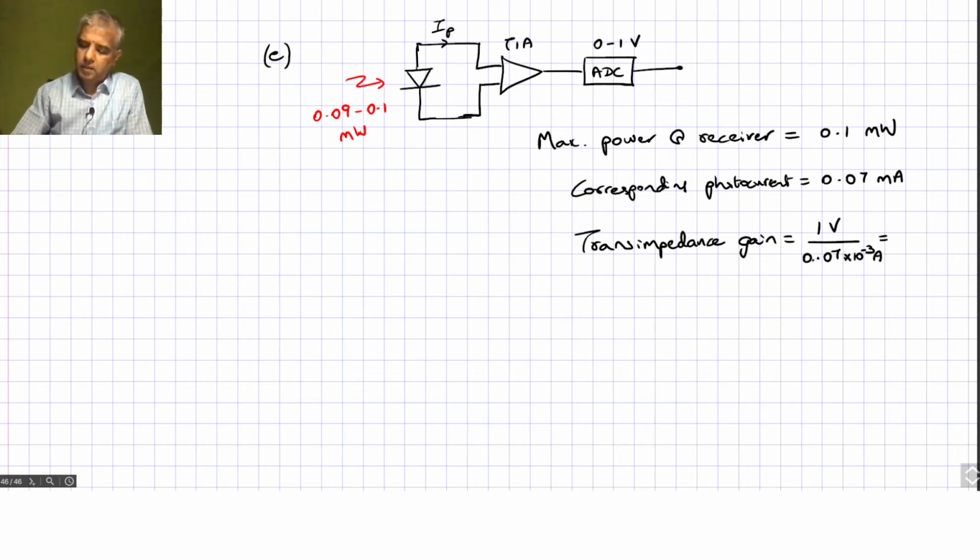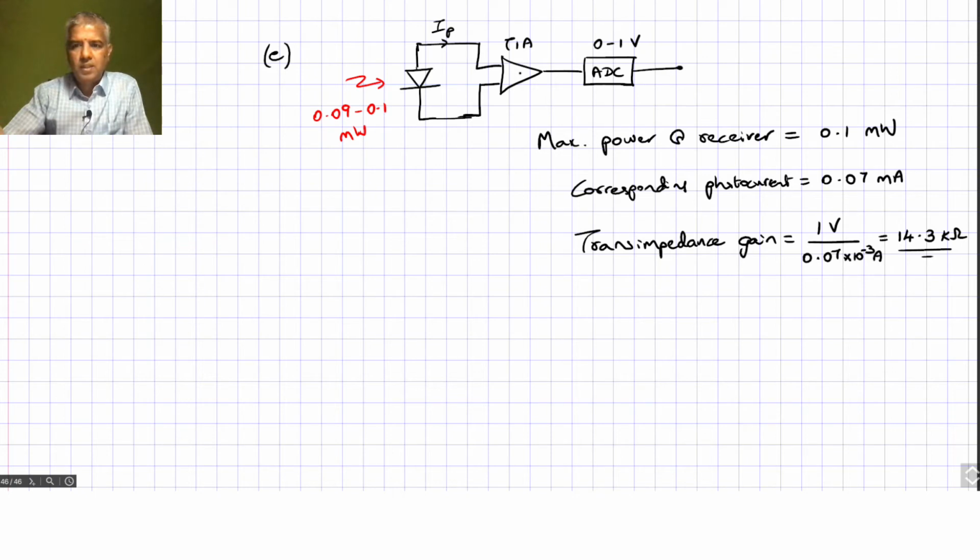If you do the math, take the inverse of this, this will work out to be about 14.3 kilo ohms. So that is the transimpedance gain that we need. And 14.3 kilo ohms is small enough that we could possibly support with one TIA stage itself.